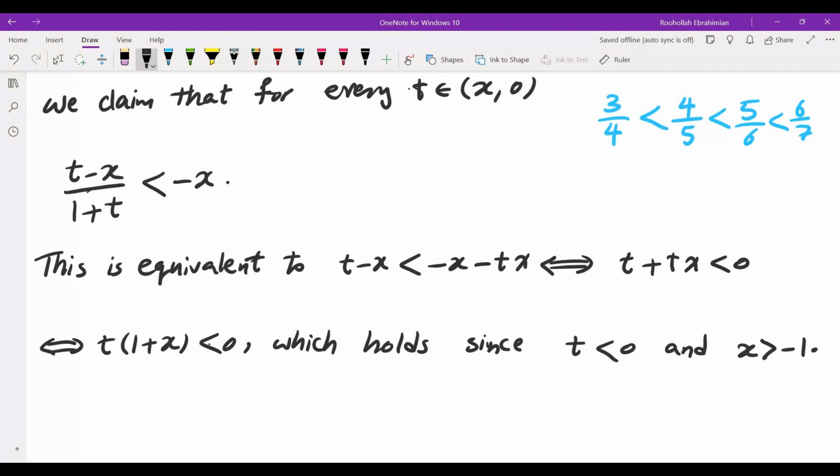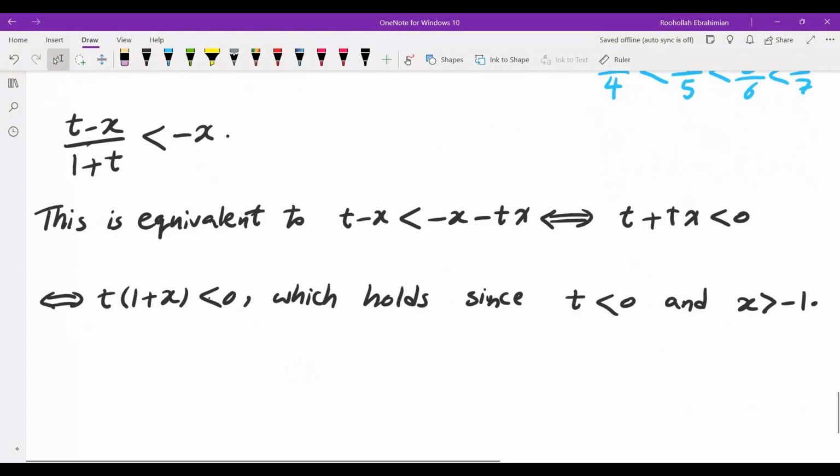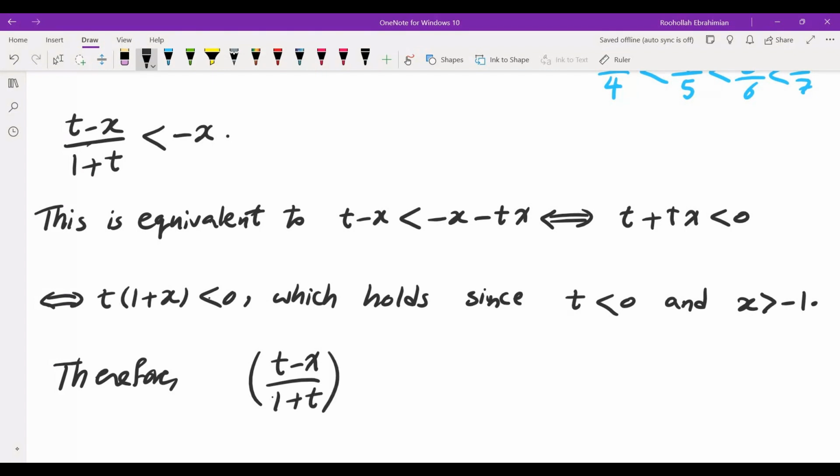Okay, so that means, therefore, when I look at the t minus x over 1 plus t, this is less than negative x for all t between x and 0.